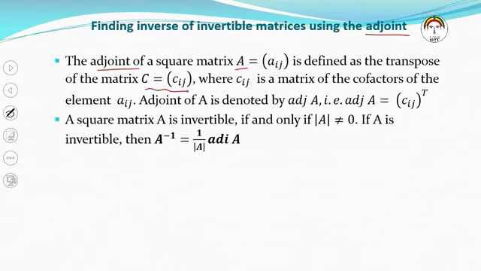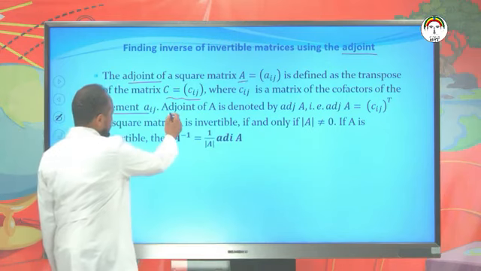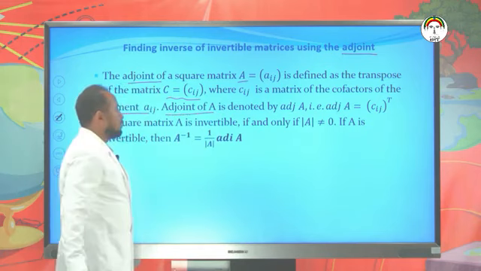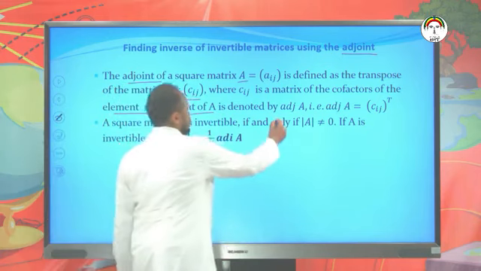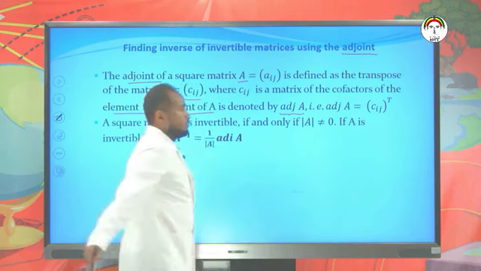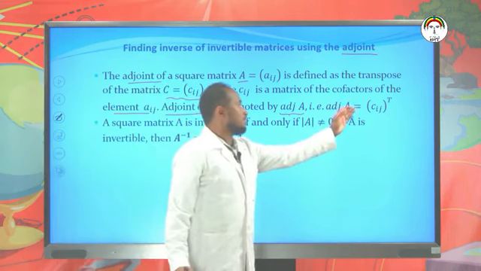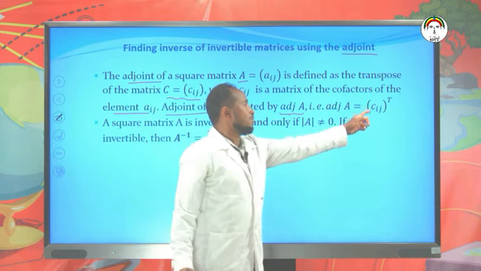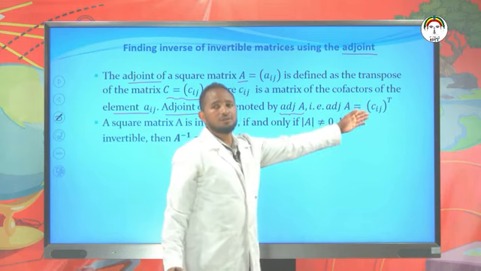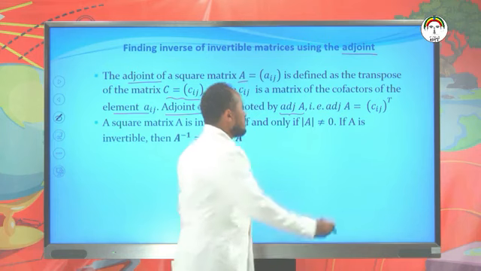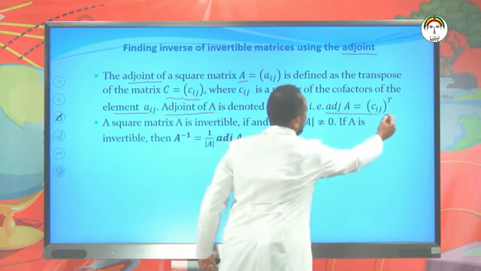Therefore, C, or Cij, is a matrix of cofactors of the element Aij, and the adjoint of matrix A is denoted by adjoint of A. It is given by adjoint of A equal to the transpose of the matrix of cofactors. So adjoint of A is given by this form.